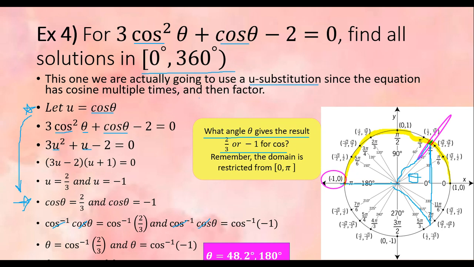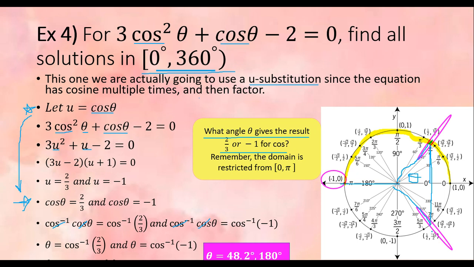Because this is my reference angle, because it's in quadrant 1, I know that this value right here is also going to give me an output of 2/3. That is also going to give me a height of 2/3.